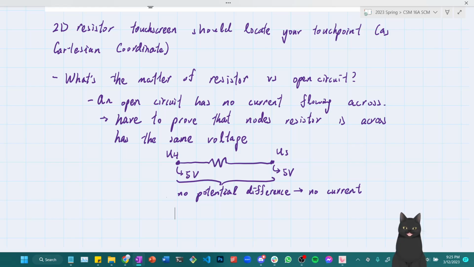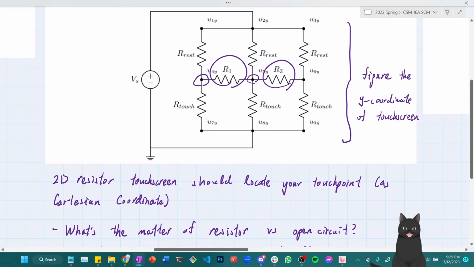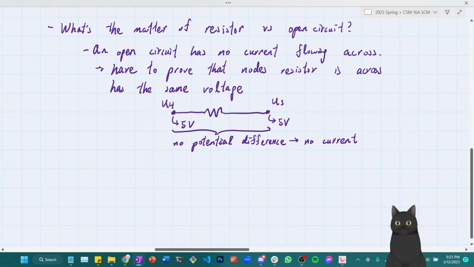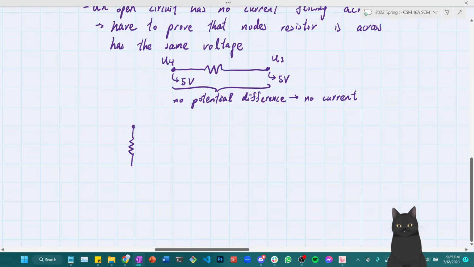So, is there actually no potential difference across the nodes of R1 and R2? Well, we can do an experiment. Say that I am just going to take the resistors away with an open circuit. So my circuit becomes everything I have above, but deleting R1 and R2.